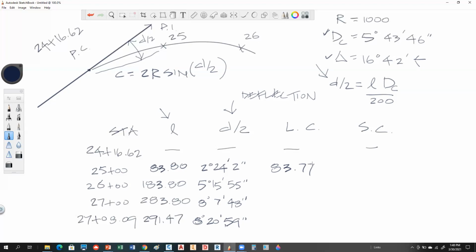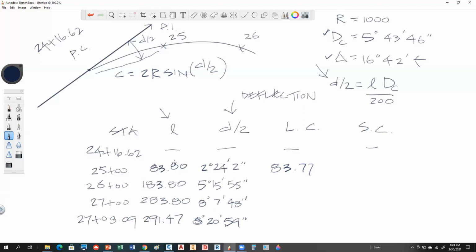You know what, guys? I think we got a mistake. Anybody see the mistake? Yeah, on your lengths, I think it's 83.38 instead of 80. Yeah, I have a mistake here. You guys might want to check this in your notes. And that was my bad. I don't know why. These numbers should not be 80. They should be 38. So all of these are off slightly. Okay. I apologize for that. I just now caught that.